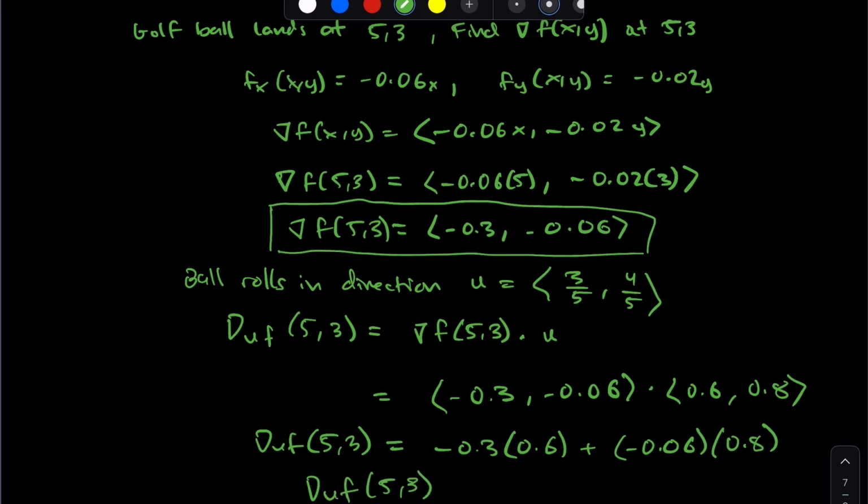And what we would get is negative 0.228. So what does this directional derivative mean? What it means is basically if the ball rolls 1 meter in the direction of u, the elevation changes by negative 0.228 meters. So that points in the direction of u.